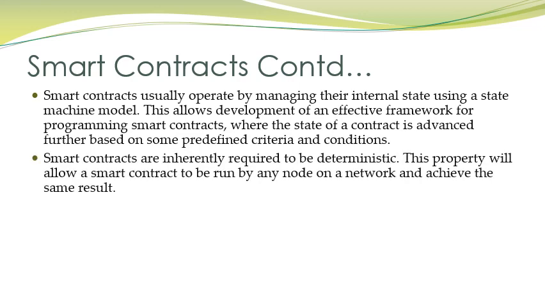Smart contracts are inherently required to be deterministic. This property allows a smart contract to be run by any node on a network and achieve the same result. Deterministic means that if the smart contract program is executed on different machines, it will produce the same result.